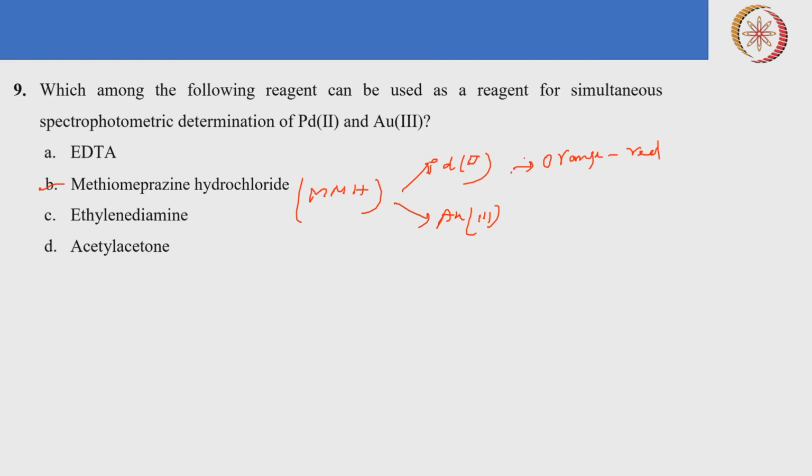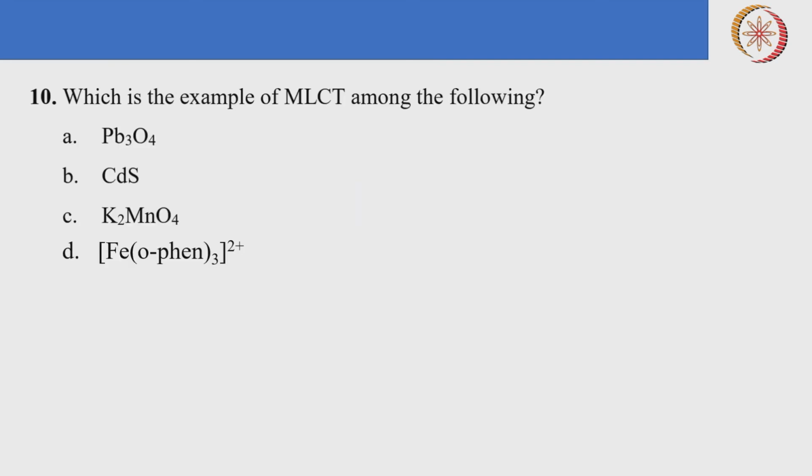The lead complex forms an orange red color, and for gold, it forms a blue color. The absorptivity value for the lead complex is 3.6 into 10 to the power 3 liter per mole per centimeter, and for this blue complex, its value is 1.3 into 10 to the power 4 liter per mole per centimeter. So this is the thing.